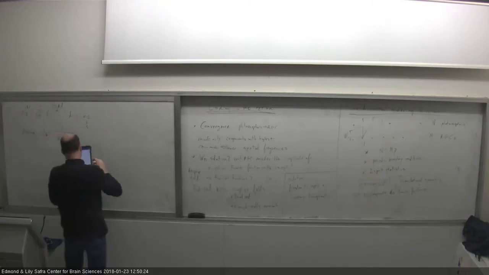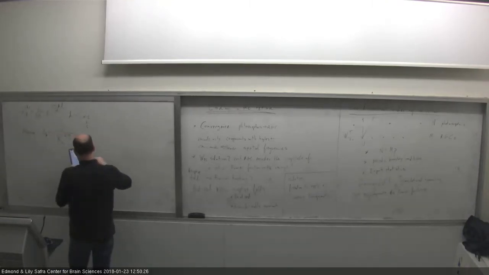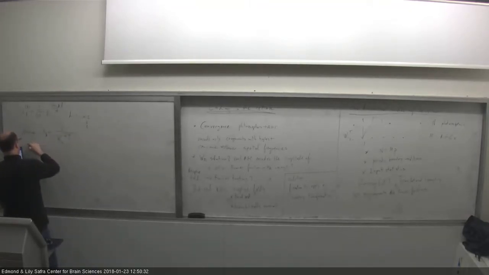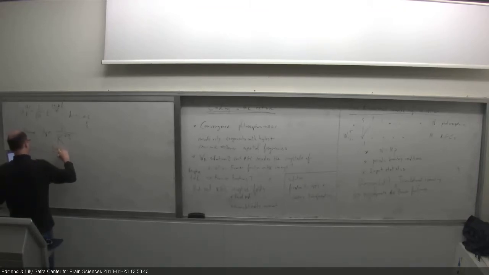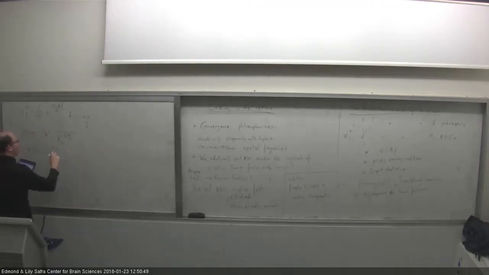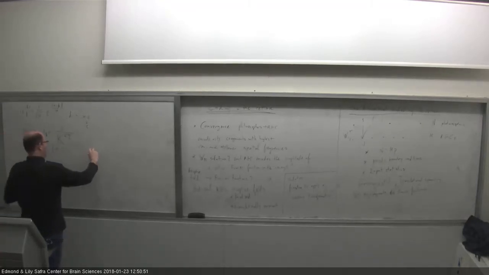So the large K will go, when k goes from 0, 1, up to n over 2 minus 1, and then up to n minus 1.